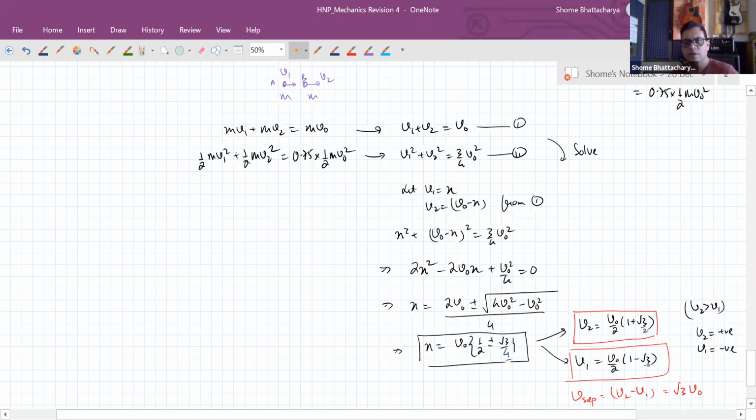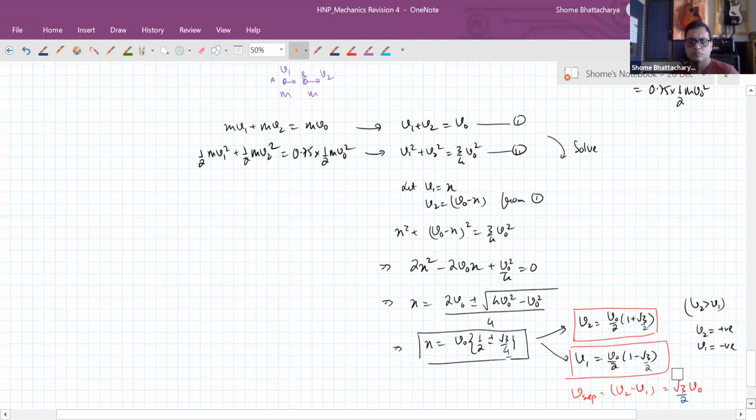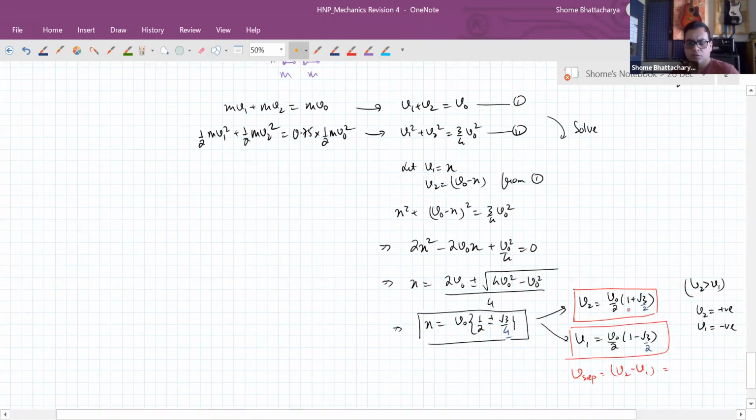So there's a factor of by 2 here. So this minus this will give you separation velocity, and approach velocity was V0. So coefficient of restitution is root 3 by 2.